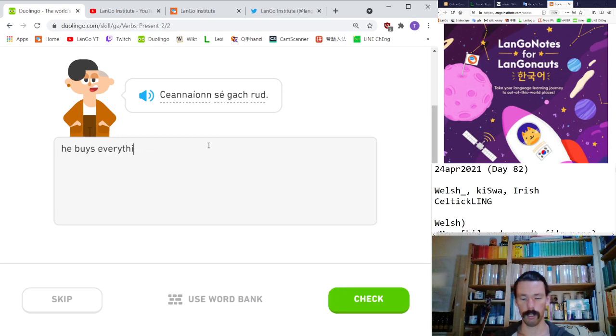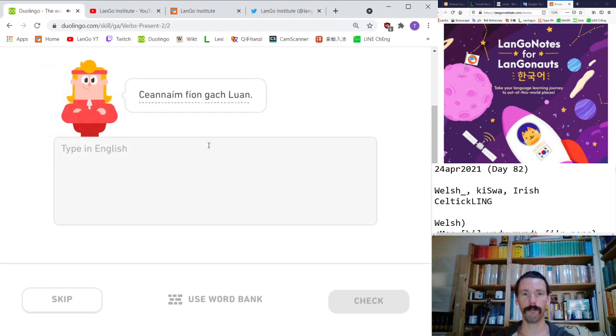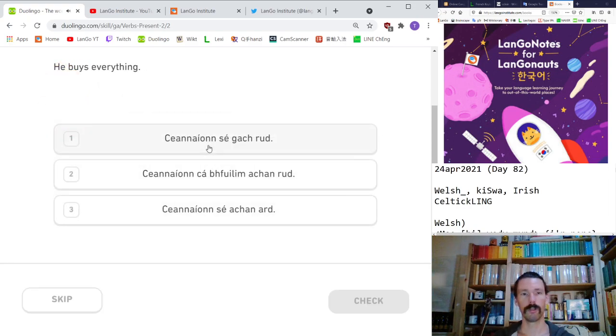I want to find out. Ceannaím fíon gach Luan. I buy. And the object is wine. This fíon is from Latin, vinum. Gach, every. Luan, Monday, day of the moon. He buys everything. Ceannaíonn sé gach rud.